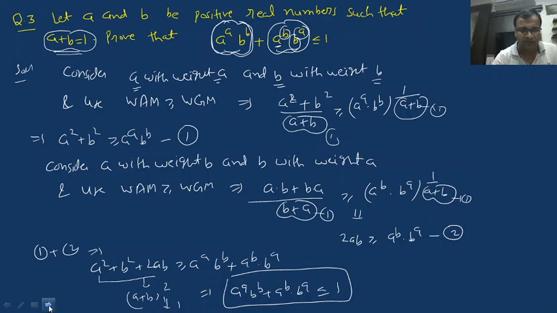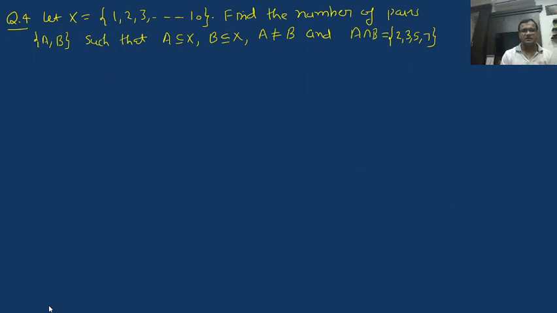Okay, now move to the next problem. This is a very elementary combo problem. In this problem, we are given a set X = {1, 2, 3, up to 10}, and we have to find the number of pairs (A, B) where A is a subset of X, B is also a subset of X, but A is not equal to B, such that A intersection B is {2, 3, 5, 7}.